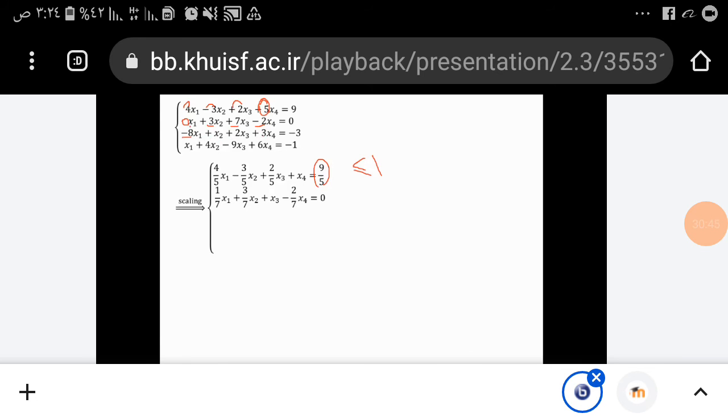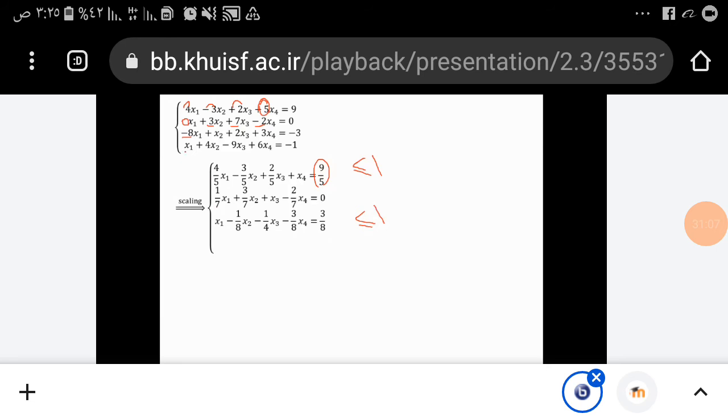Minus 8 is the maximum in absolute value. We divide all entries by minus 8. We have 1, minus 1 over 8, and so on. All entries are less than or equal to 1 in absolute value.